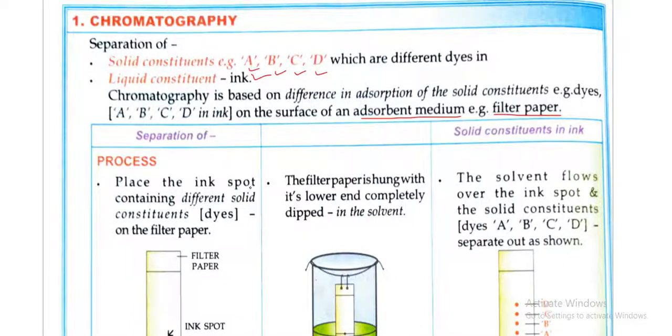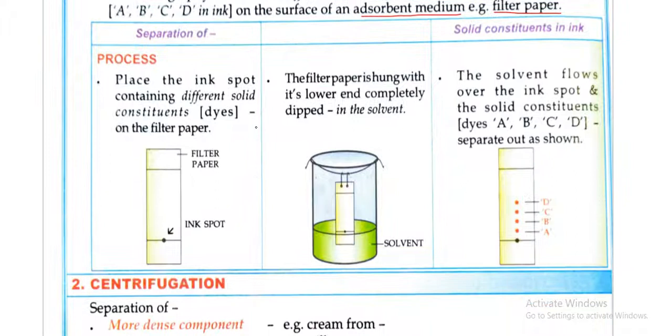Now in this process what is done? First of all we will place an ink spot containing different solid constituents, that is the dyes, on the filter paper. Then the ink spot will be kept in the solvent, and slowly we will see separate spots made on the plate.